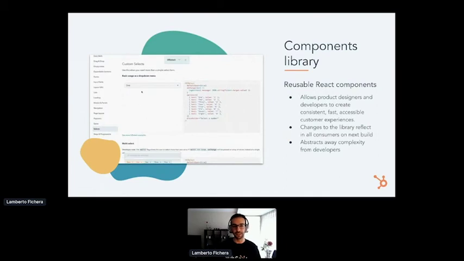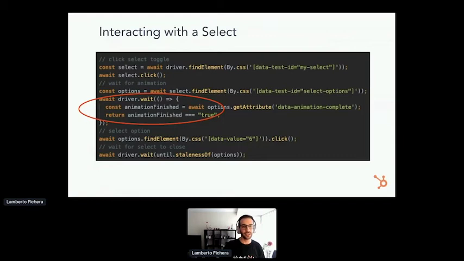For example, if you're trying to test a select component, generally you would select the trigger element of your select, wait for the options to appear. Most likely there's an animation, or at least in our case, there are animations. So you would wait for those to complete, and then you would click on the option, and then you would wait for the staleness of the pop-up.